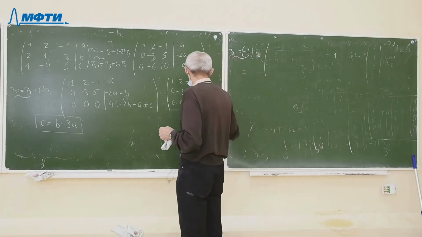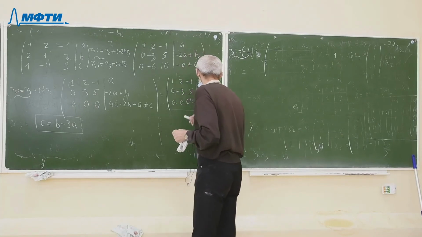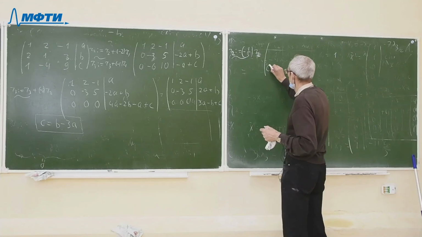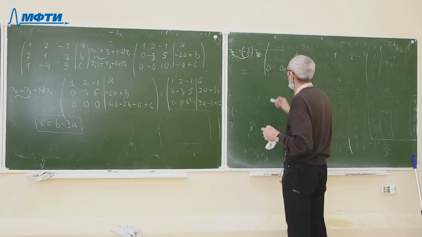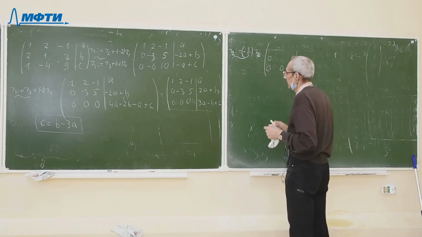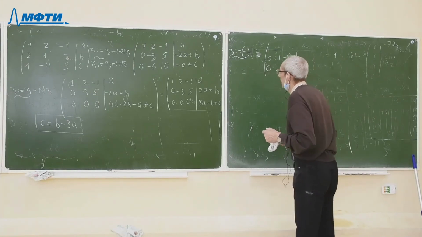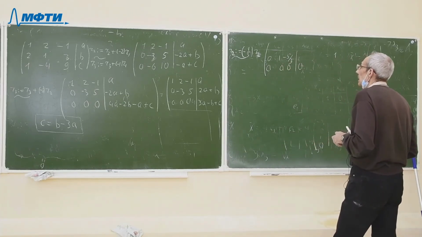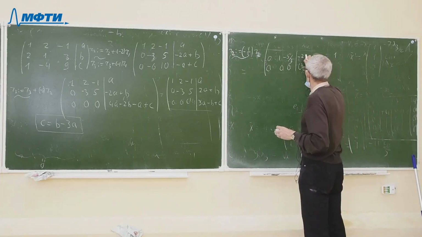If c is equal to minus 3a plus b, the last row is equal to 0, the second row 1, minus 5 divided by 3, minus.